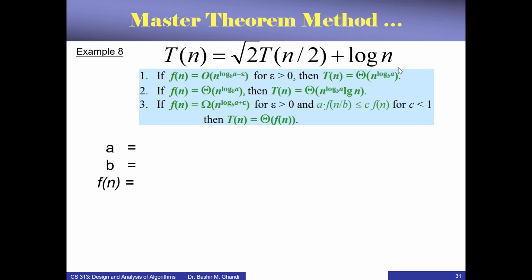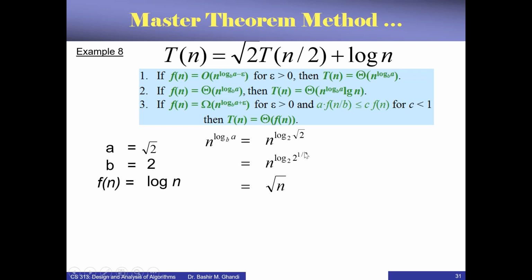Well, a is root 2, b is 2, and f(n) is log n. So what is n to the power log of a to base b? It's going to be n to the power log of root 2 to base 2.